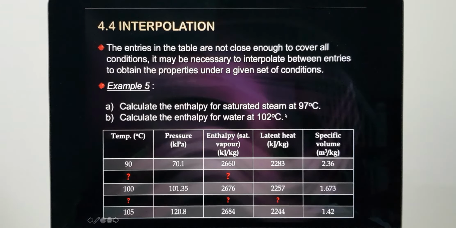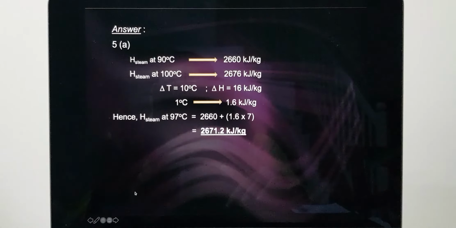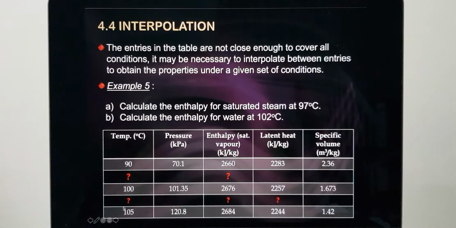Okay, so 97 degrees Celsius is located in between 90 and 100. The temperature difference between 90 and 100 is 10 degrees Celsius. Am I right? And then look for the temperature of 102 degrees Celsius. The values that we can find in the steam table are 100 degrees Celsius and 105 degrees Celsius.